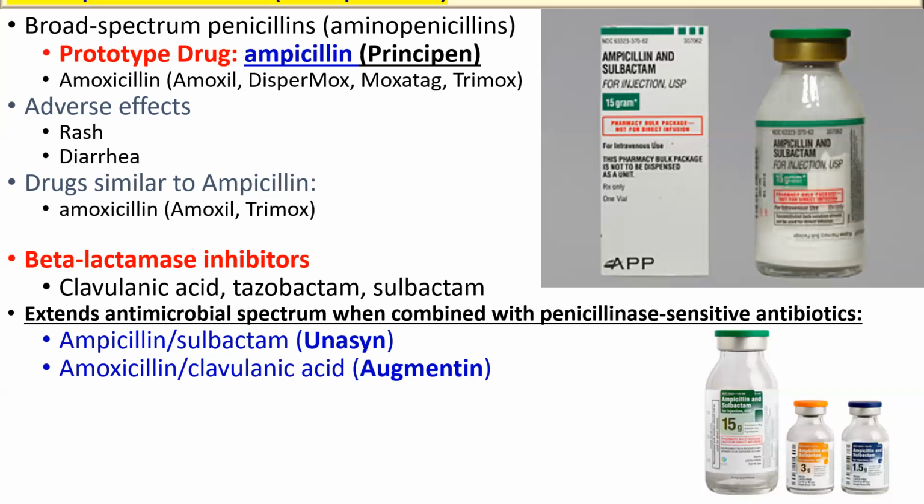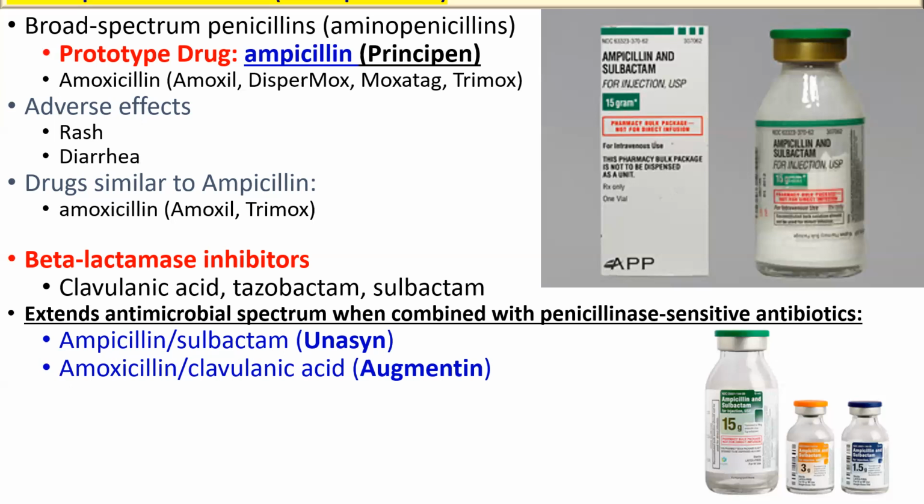So these are the substances and chemicals that are responsible for maintaining the structure of the beta-lactam ring, like clavulanic acid, tazobactam, and sulbactam. They'll be added to the antibiotic.